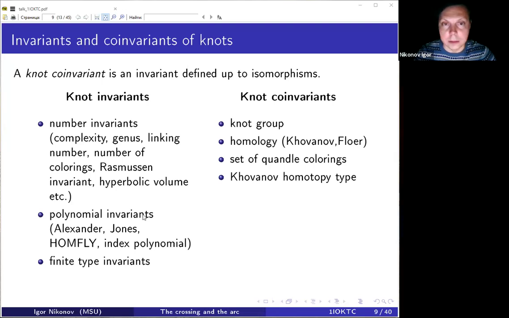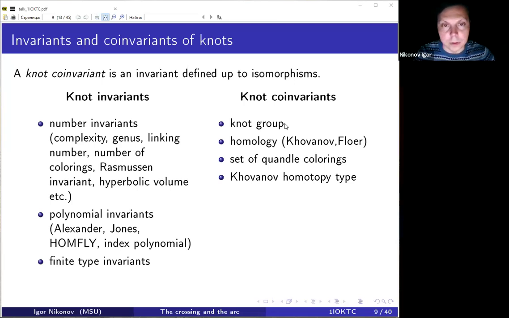On the other hand, if we consider, for example, the node group, formally for different diagrams of isotopic nodes, the node group, as the fundamental group of the complement to the node, will be different but isomorphic.